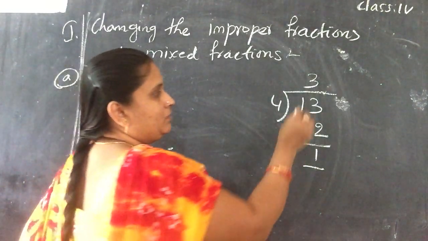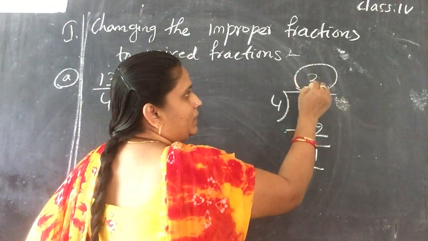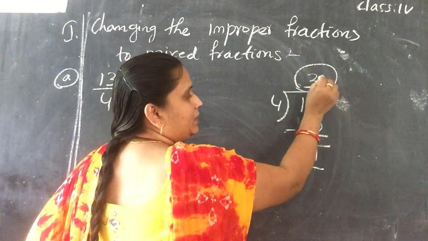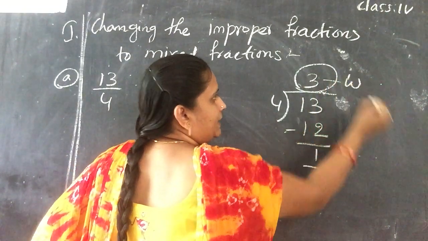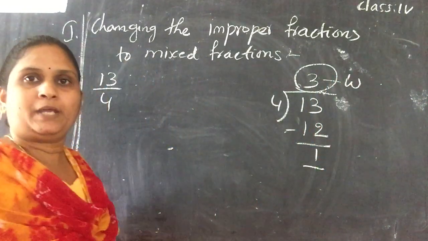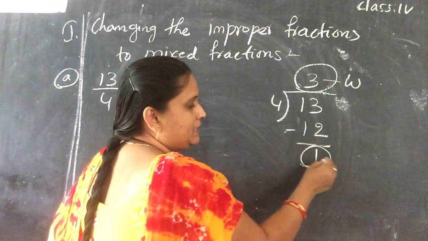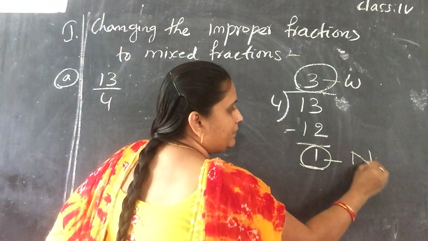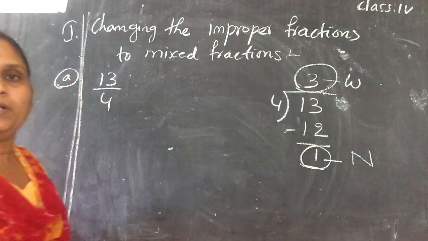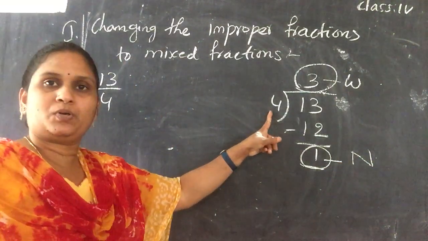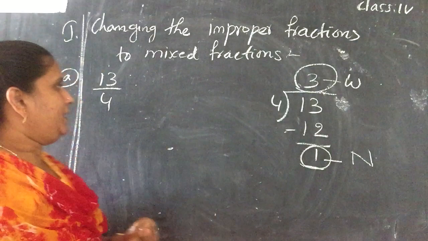Okay, so here one thing you have to remember, children, whatever the quotient we are getting, that quotient you have to write as a whole number. W means whole number, and the remainder, this remainder you have to write like a numerator. Okay, and denominator as it is 4 only. Denominator will not be changed.